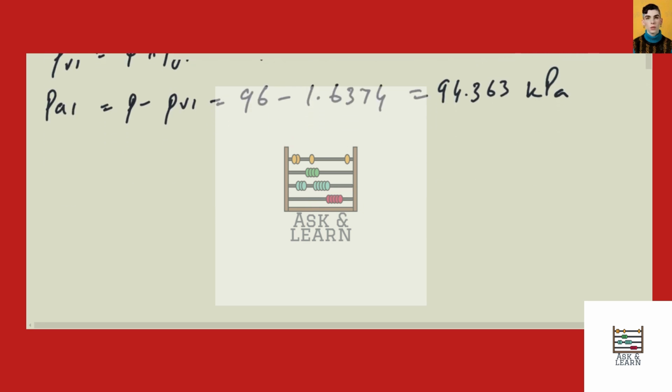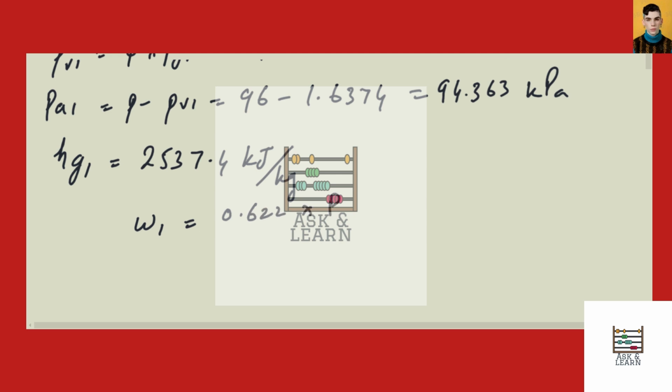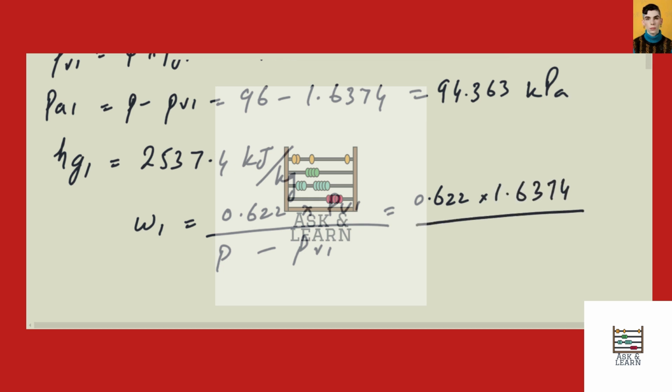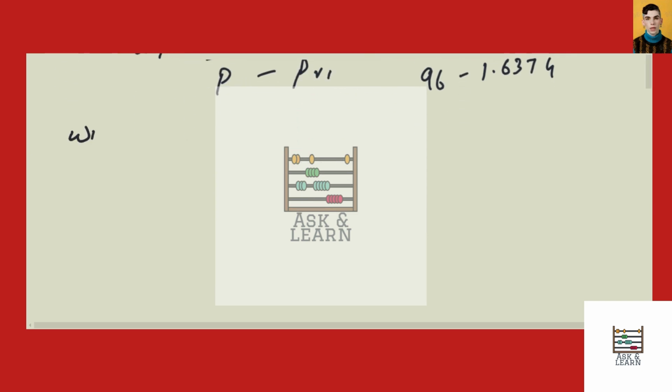Now we can calculate the absolute humidity W1 and from that the enthalpy H1. For the calculation we will also need Hg1, which is equal to 2537.4 kilojoules per kg. Then W1 = 0.622 × PV1 / (P − PV1) = 0.622 × 1.6374 / (96 − 1.6374), and W1 is equal to 0.011.